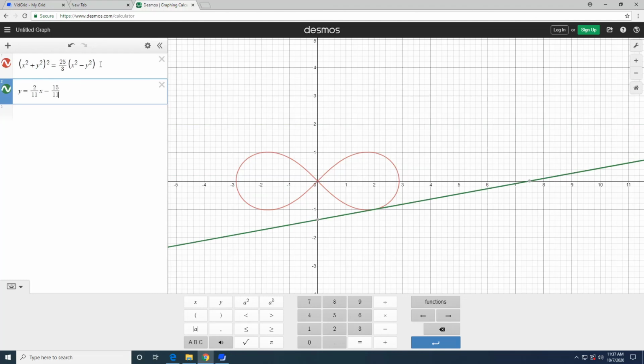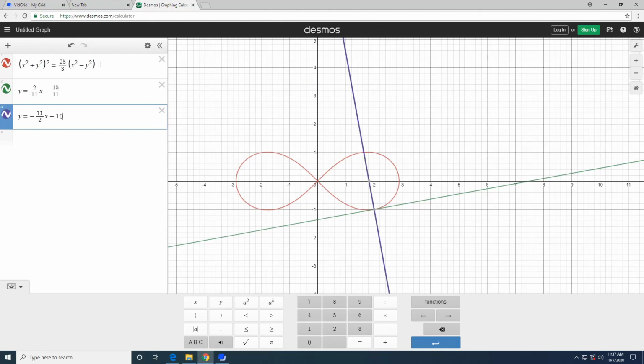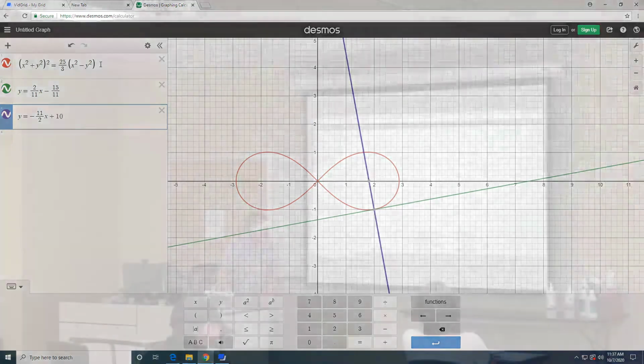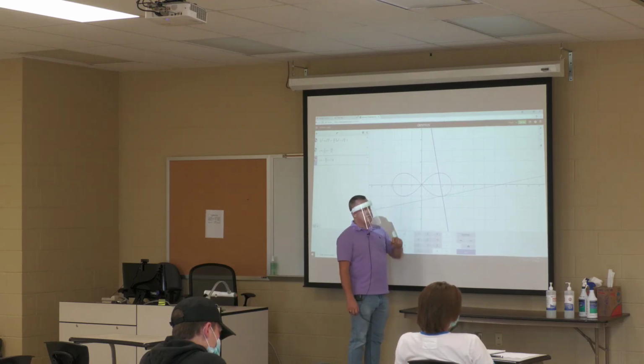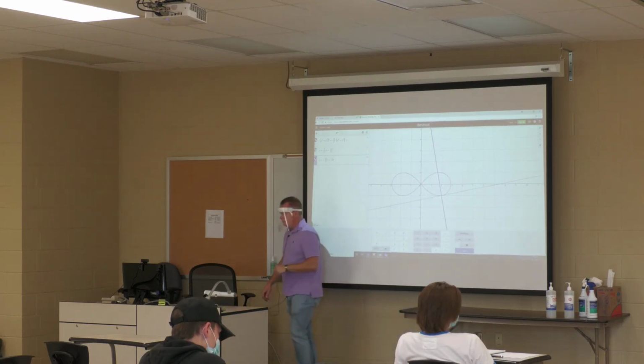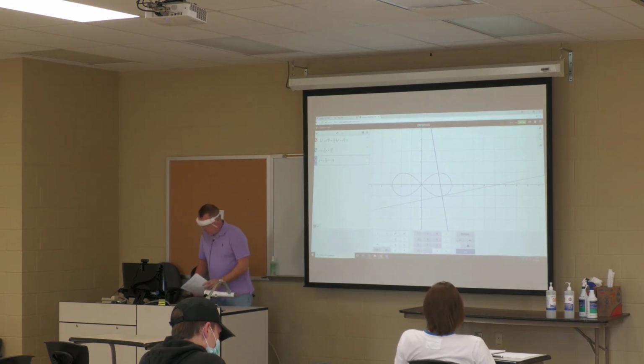Okay, and then our normal line we said was y equals negative 11 over 2 x plus 10. Okay, so the normal line and the tangent line, you have a right angle right there at it. Okay. Any questions about that?